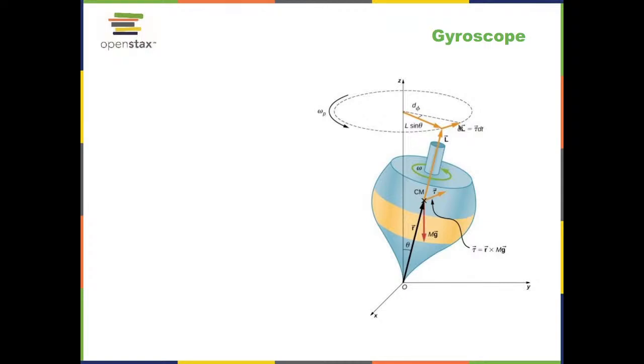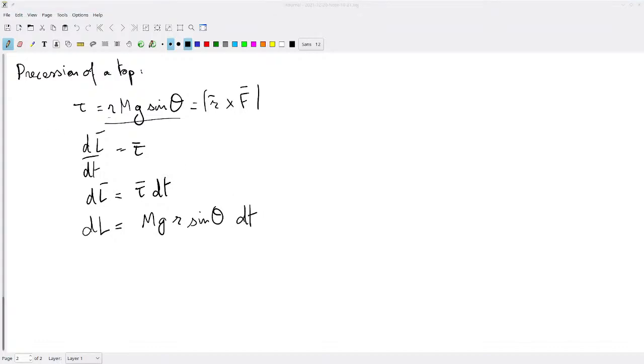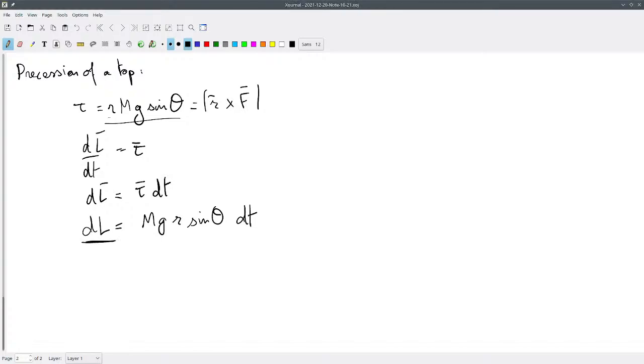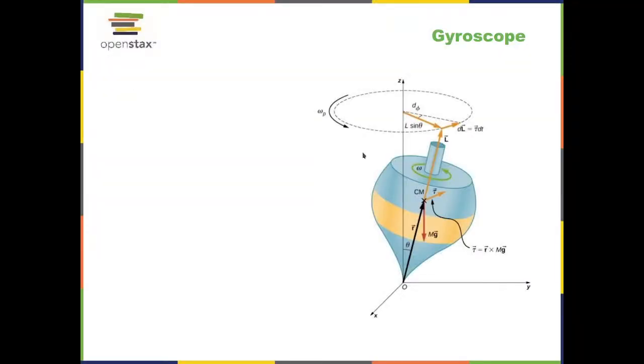So that means that dL will be m times g times r, times sine theta dt. And if we now want to calculate what that little shift in the angular momentum direction corresponds to in terms of an angle, let's go back to this picture. What is the angle d phi that is described by dL, which is caused by our torque?